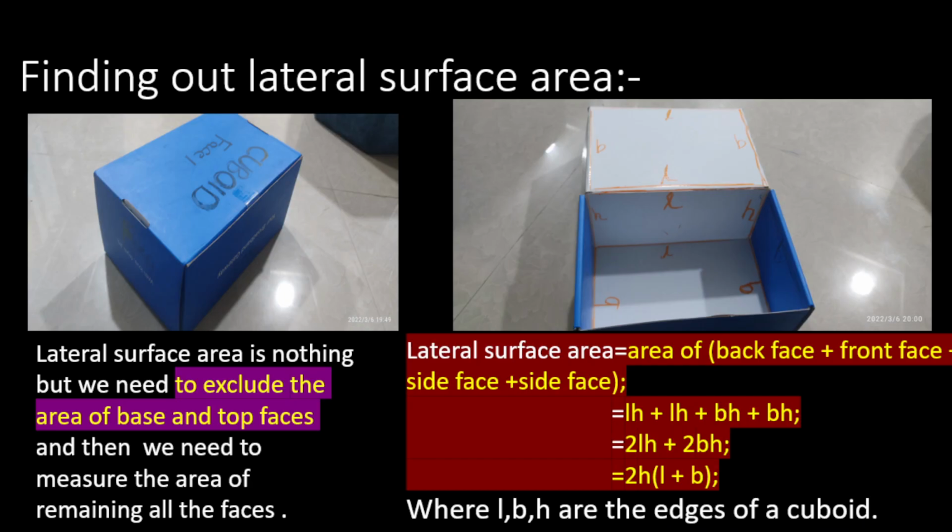And let's find out the lateral surface area of the cuboid. Children, we know that the total surface area is the area of all the surfaces of the cuboid. But to find the lateral surface area, we need to exclude the top and base faces of the cuboid.